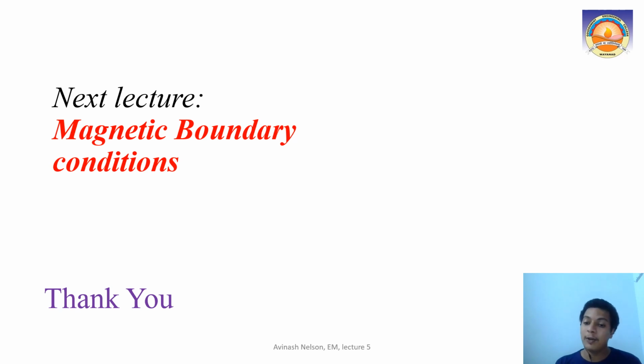Using Gauss's law we also saw that D1n minus D2n equals the surface charge density, or the normal component of electric flux density will be continuous if you are not deliberately placing any charge on the boundary, right? And when it is continuous, that definitely means that the normal component of electric field is not going to be continuous. So that is about the dielectric case.